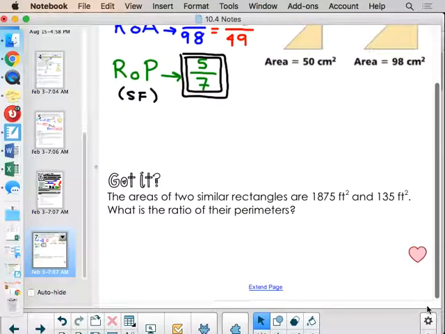The areas of two similar rectangles are those two numbers. What is the ratio of their perimeters?